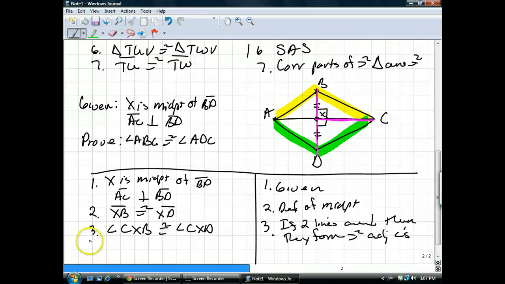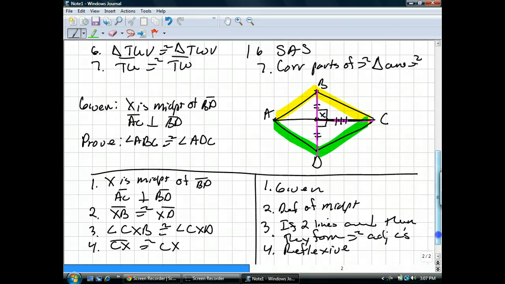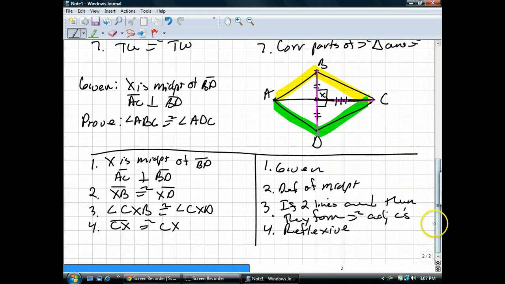Then I know I need this congruent. So I can say CX is congruent to CX by reflexive. Okay. Right now I can say that triangle CXB is congruent to triangle CXD by side angle side.